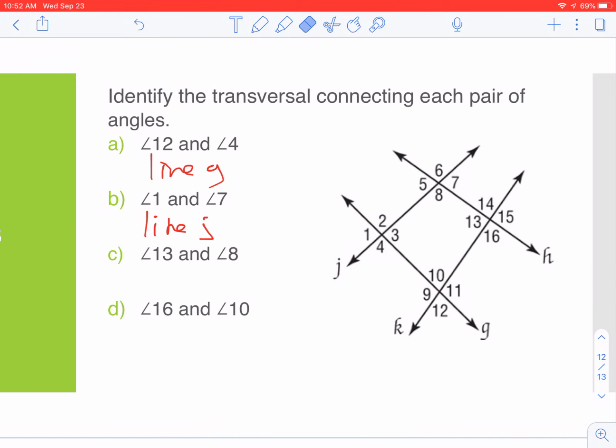Now try the last two on your own, if you'd like to pause. We have 13 and 8. What are they both touching? Line H. And we have 16 and 10.